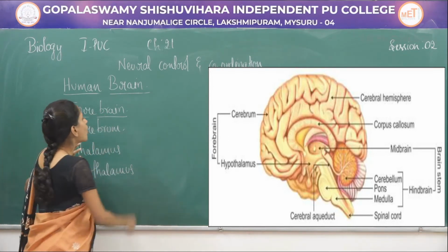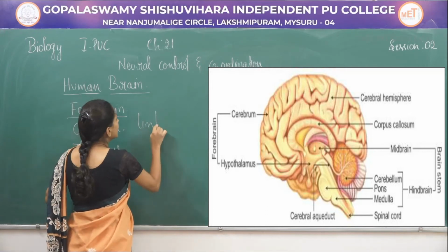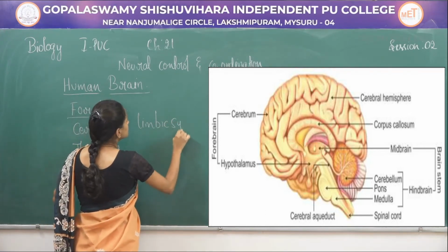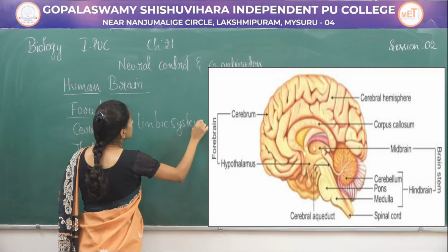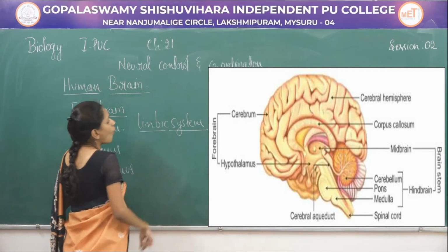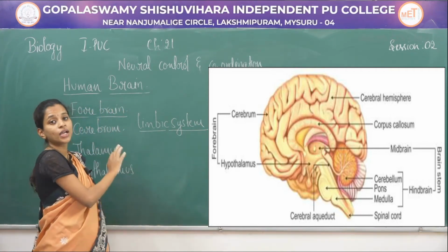Apart from this one, they also have a system called the limbic system, or we also call it the limbic lobe.